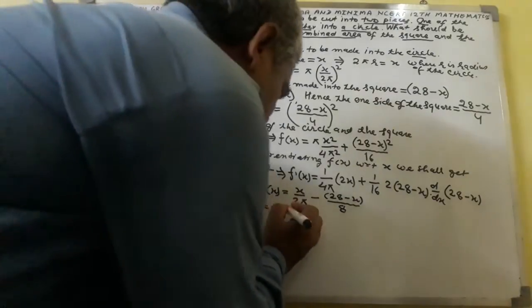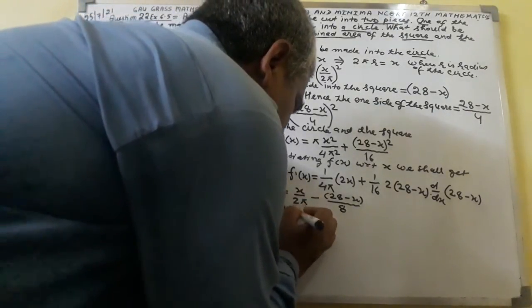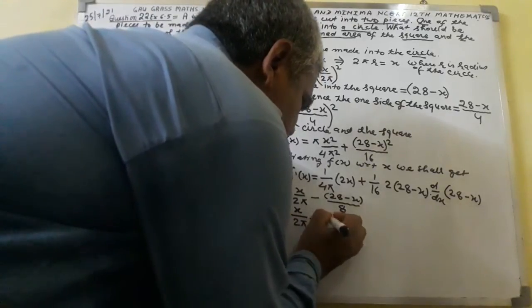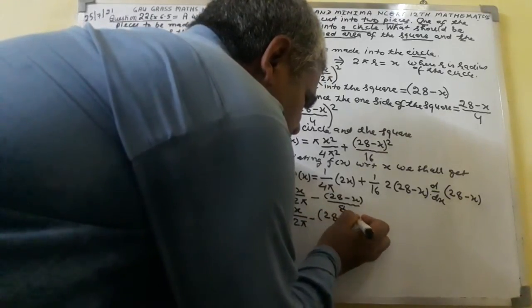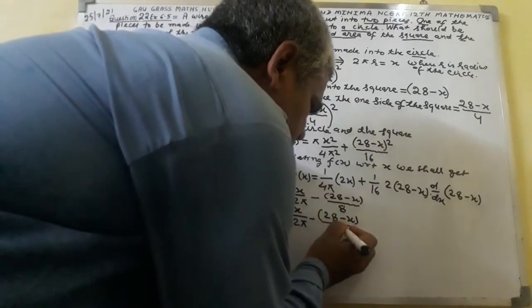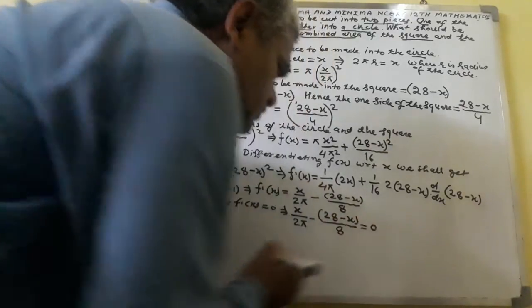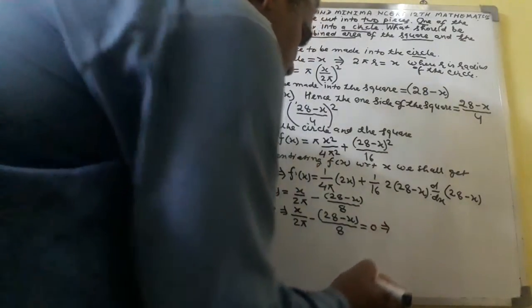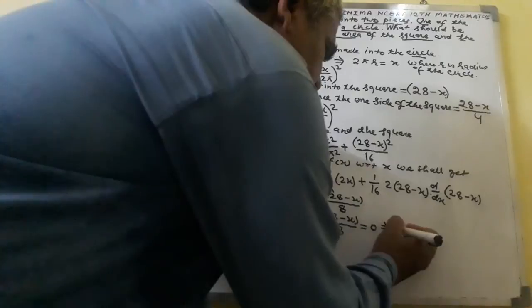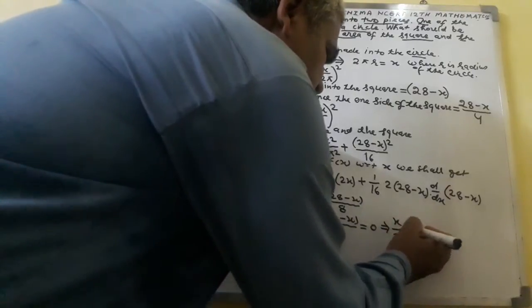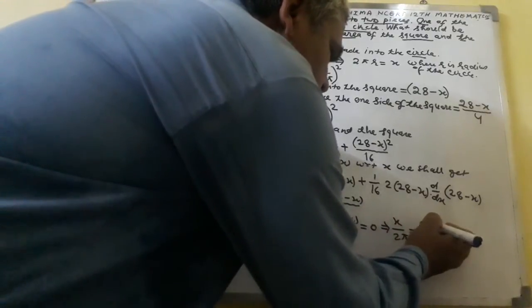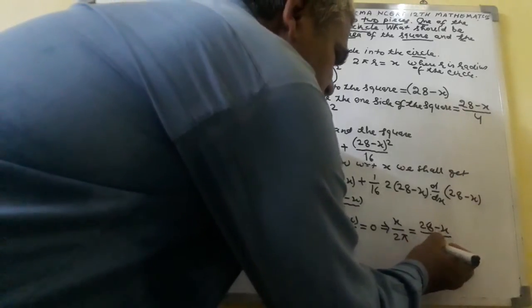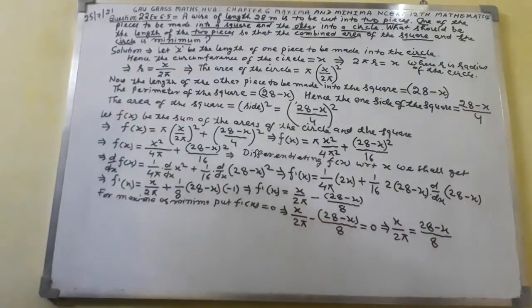You will get here, implied that, x over 2 pi minus (28 minus x) over 8 equal to 0. Implied that x over 2 pi equal to (28 minus x) whole over 8.